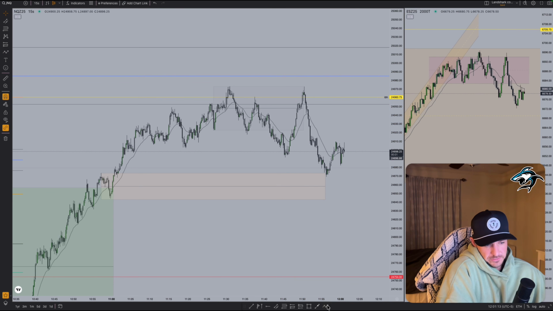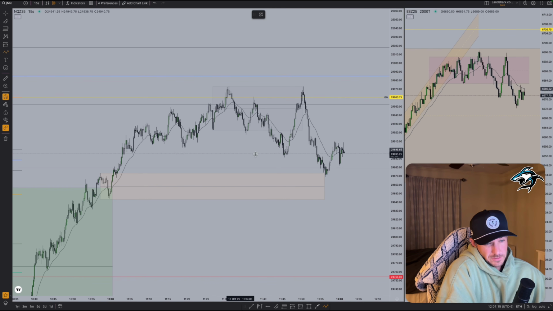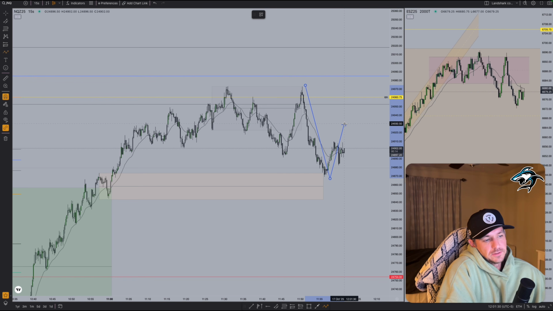The other scenario is we got a buttload of sellers up here, and they're going to push it down, and then they're going to allow some of these buyers to push it up a little bit, and then at some point they are going to just slam it.